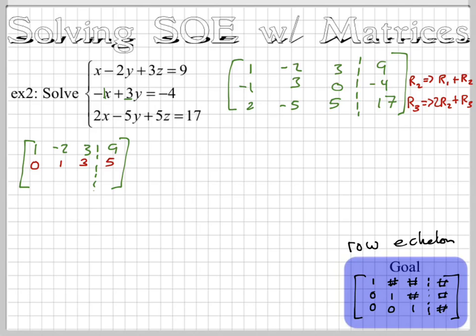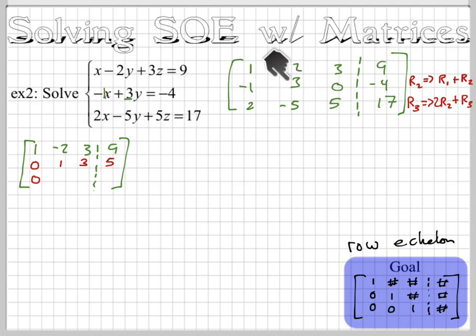Now the last row, the third row, I'm going to take the second row, this is the old second row, multiply it by 2 and then add it to row 3. So what is 2 times -1 plus 2? 0. So that's 0. 3 times 2 plus -5.